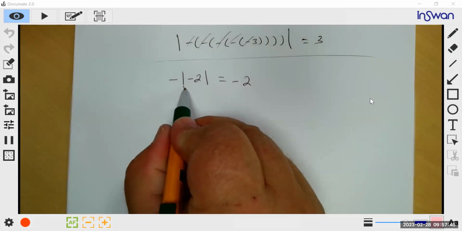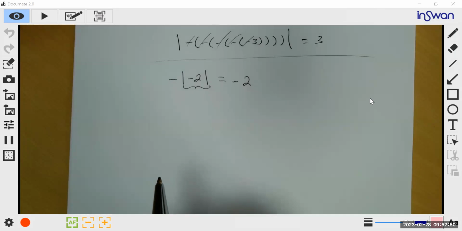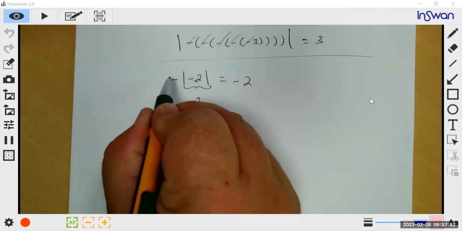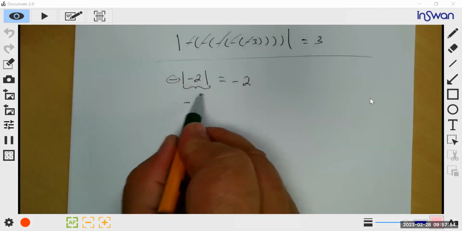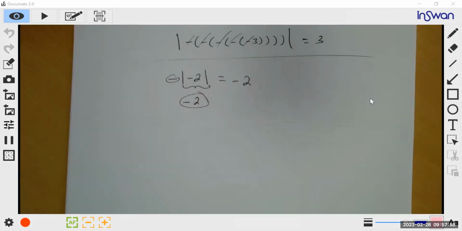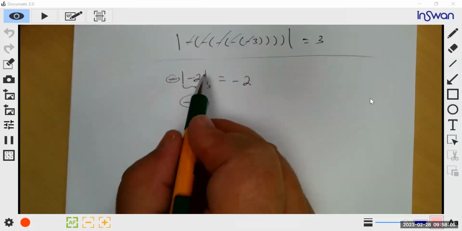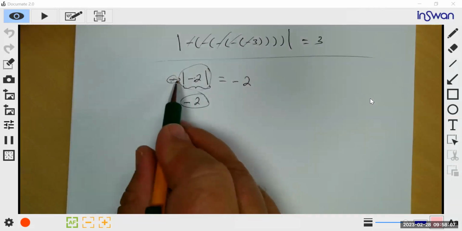You have to do the operation first. Absolute value. What's the absolute value of -2? 2. This negative is still there. There's your answer. If it's outside, you treat it separately. You just have to do this first, and then bring the negative down.